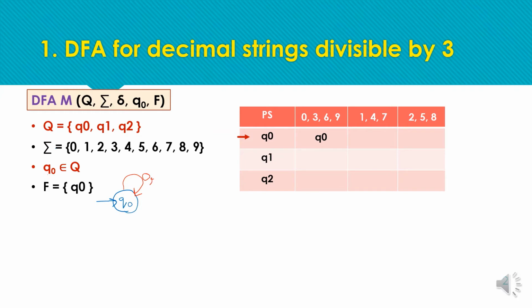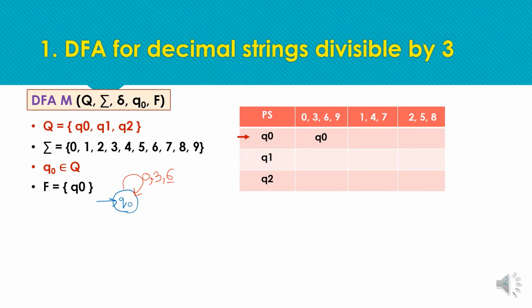Same way, if we receive a 3 at Q naught, the remainder will be 0, so we must be at Q naught, because Q naught is the state for remainder 0. Same way, for 6 we have remainder 0, so we must be at state Q naught.